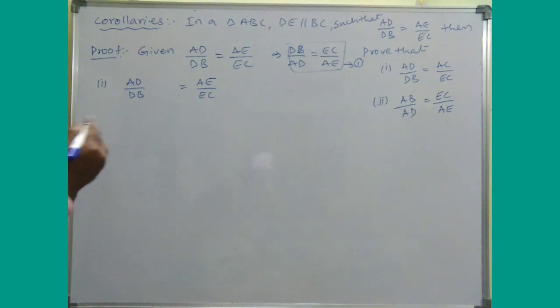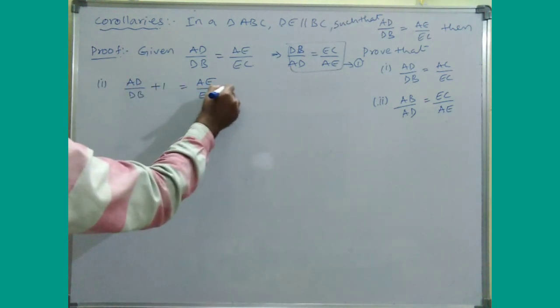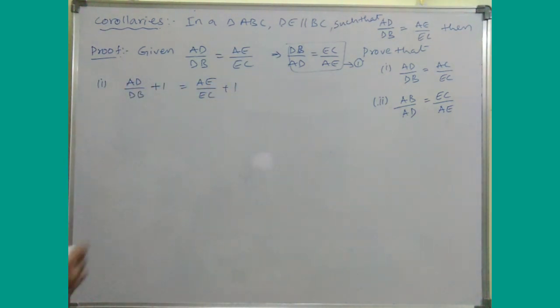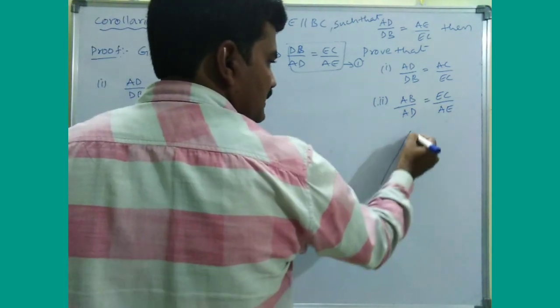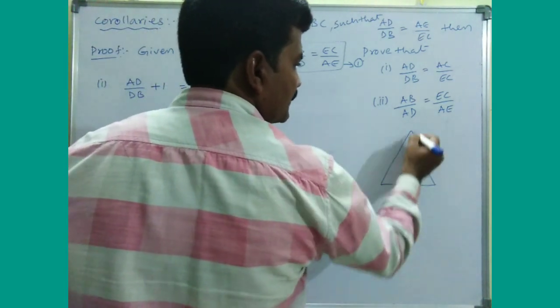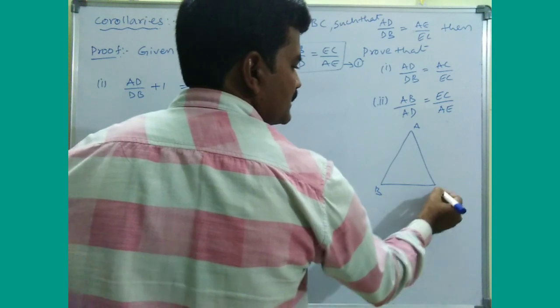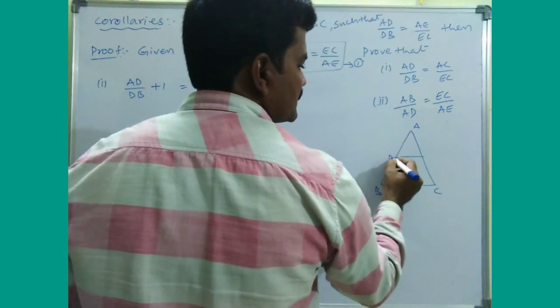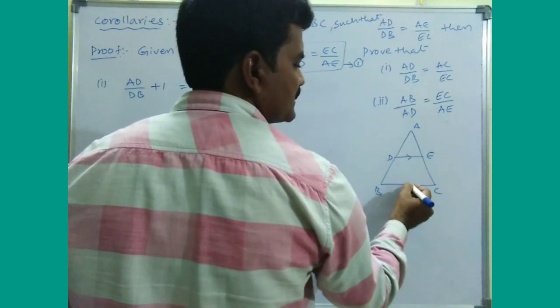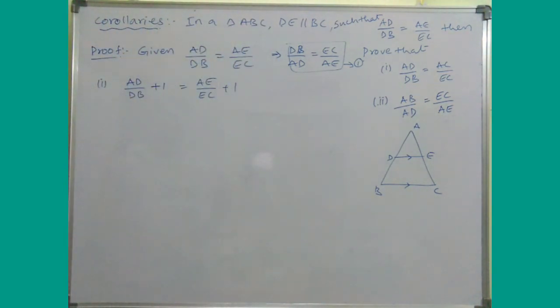Fine. Let's add 1 on both sides. And before that, this diagram is mandatory, the common diagram: A, B, C, and this is clearly DE, which is parallel to BC. So earlier we subtracted 1. Now let us see what happens if we add 1 on both sides.